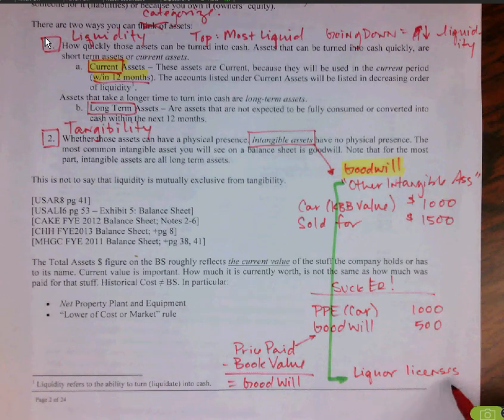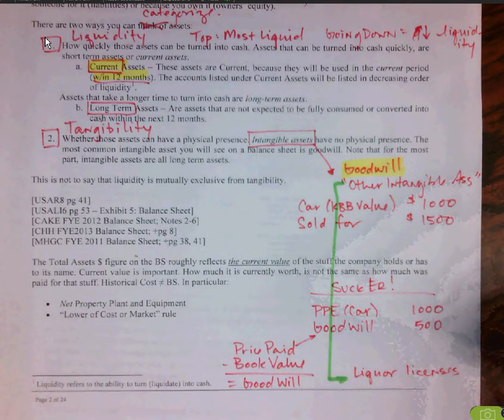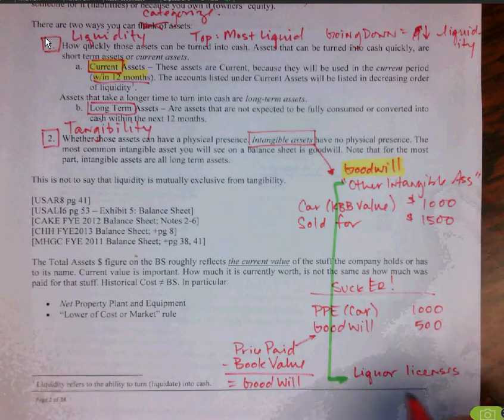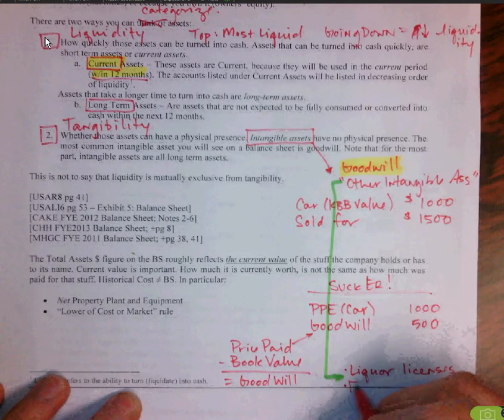It's the right to sell liquor in a certain region. Liquor licenses are considered an intangible asset because I can't touch that right to sell liquor. It's not like a chair or a car or a building. I'm buying a right. So an intangible asset that oftentimes has a lot of value on restaurant company books is liquor licenses. What you'll also find as an intangible asset is franchise rights.